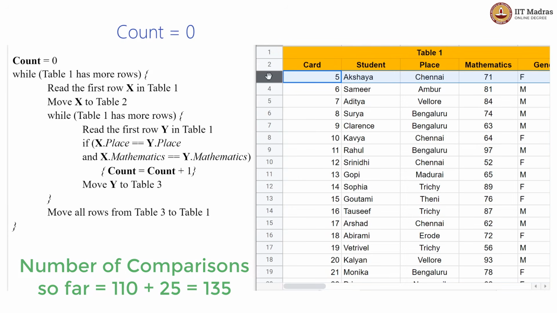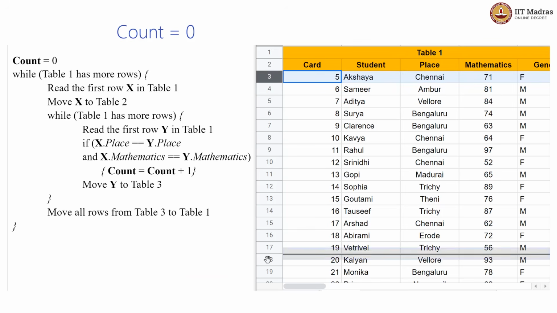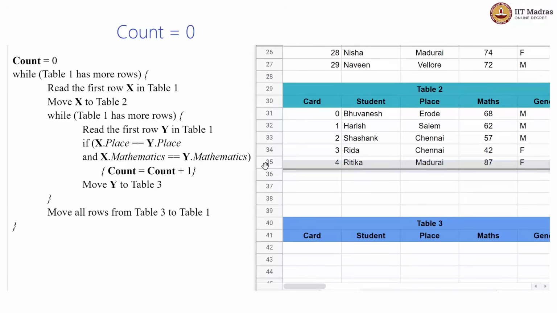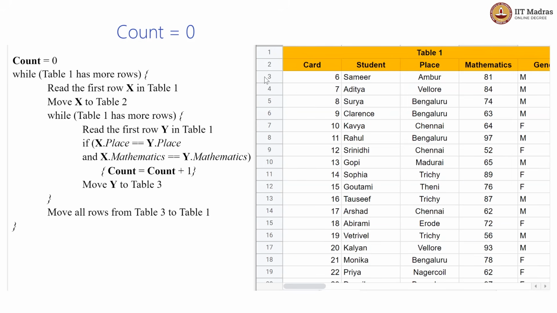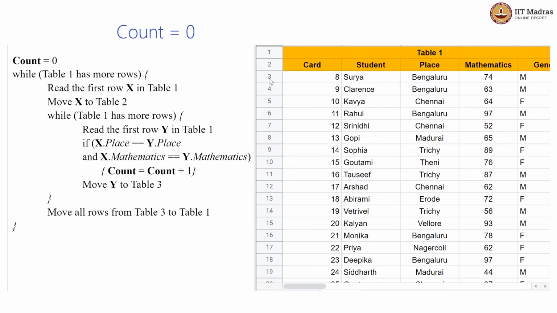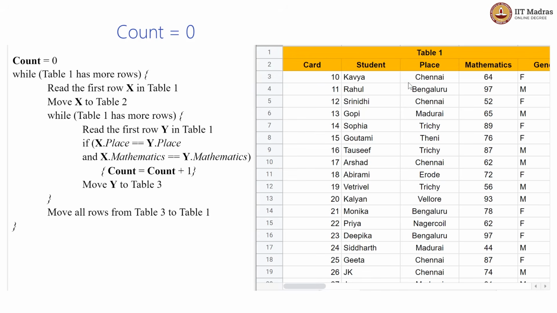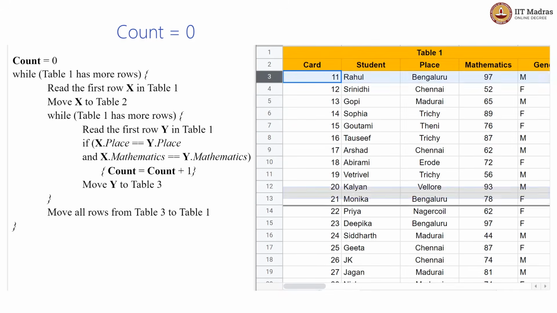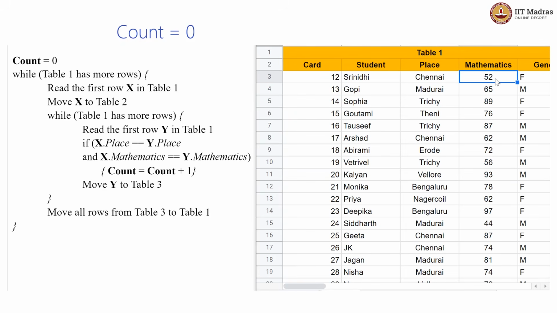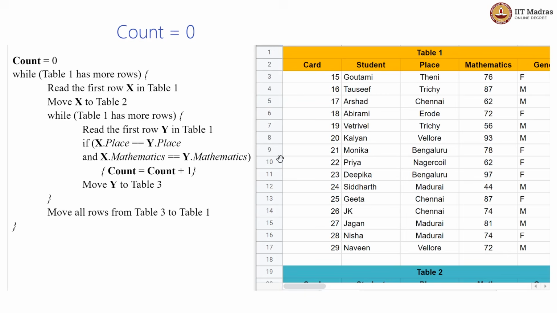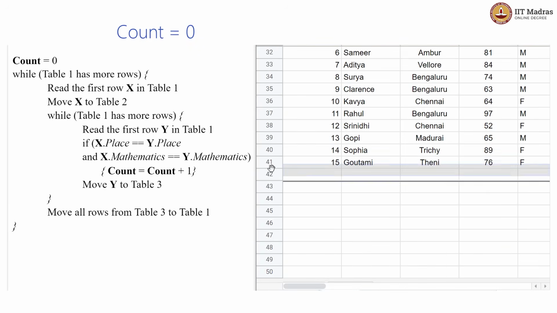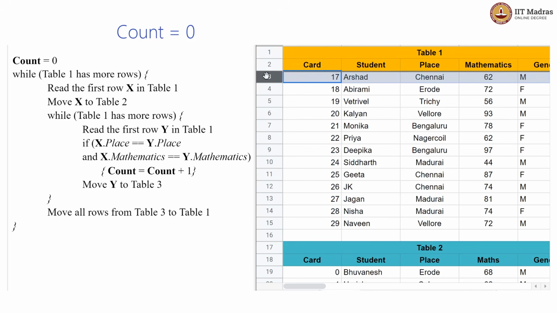Now row X is this, which we move to table 2. The place is Chennai. The math score is 71. Here it is Chennai, but not 71. Chennai, but not 71.